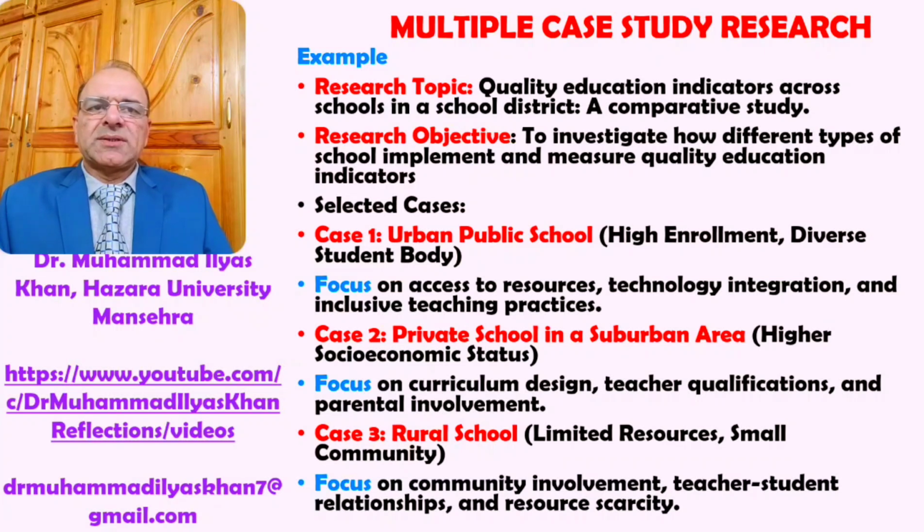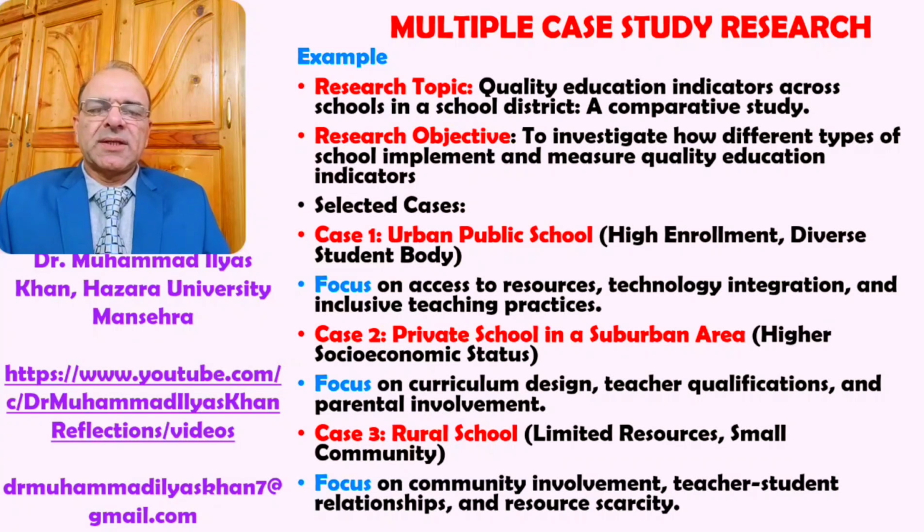Secondly, case two is a private school in a suburban area, with higher socioeconomic status. This school is basically for the sections of the society that indicate high socioeconomic status. The focus of this particular school in terms of quality indicators is on curriculum design and teacher qualification.